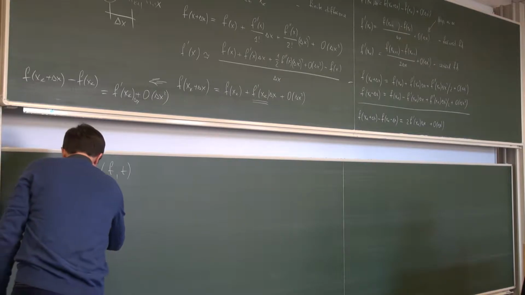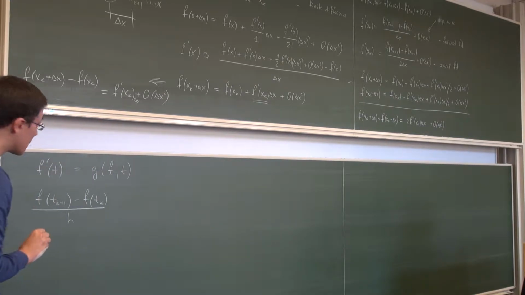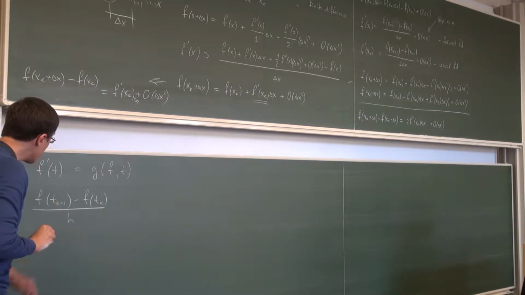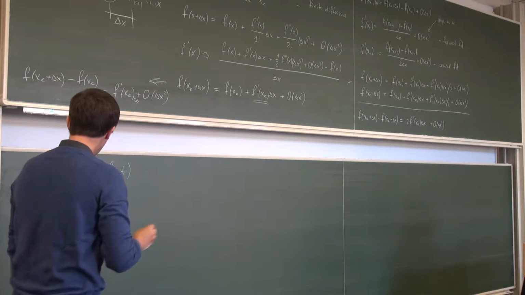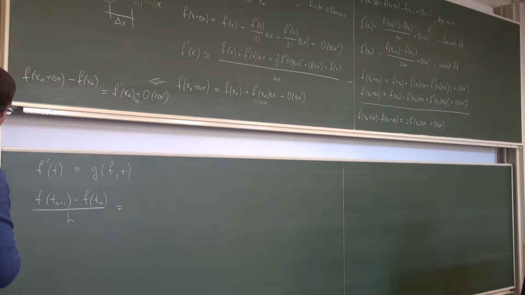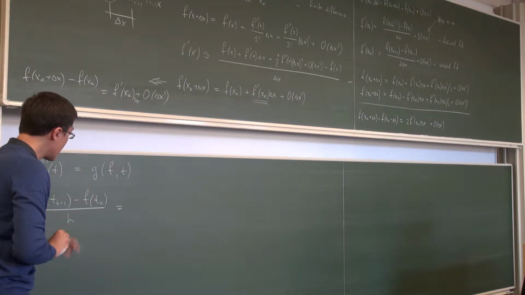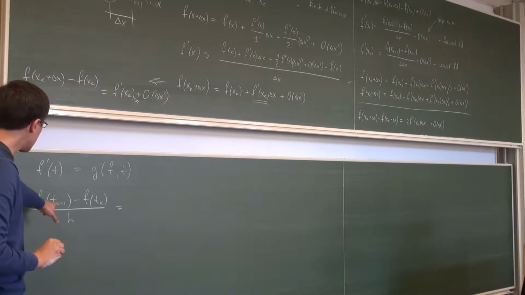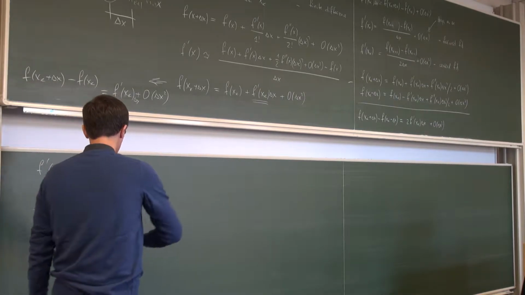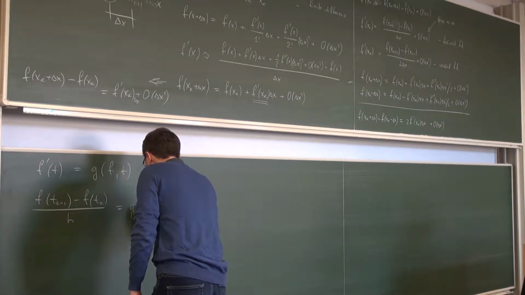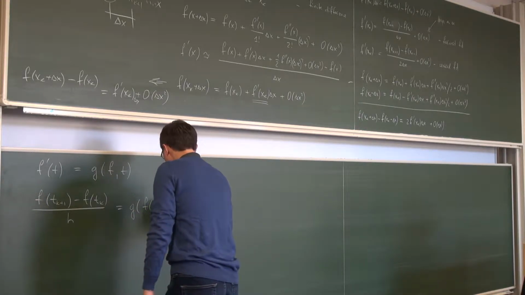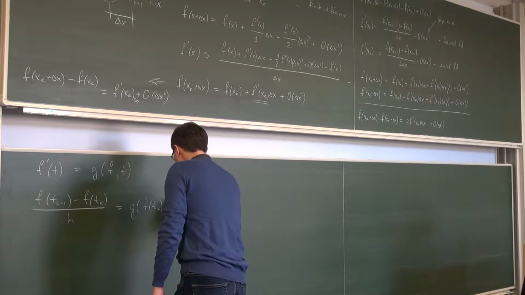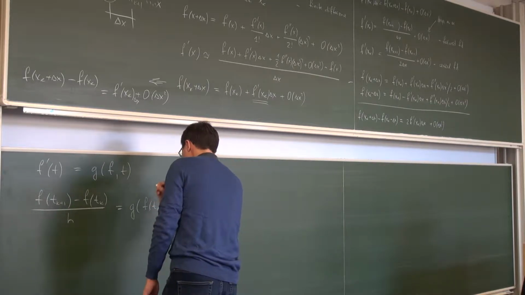It will be h, just a difference between the time points, time step, if you like, equals. And here we have two possibilities. We can give it g at the current time point, or we can give it g at the next time point. So let's give it g at the current: g of f of t k and t k.